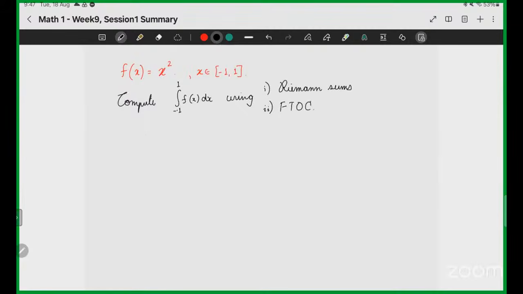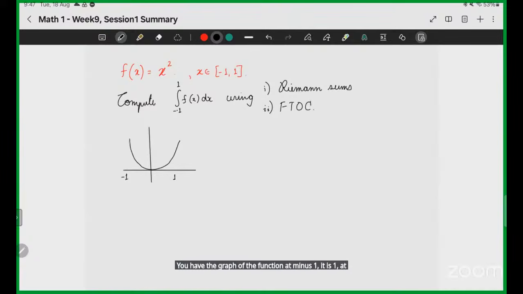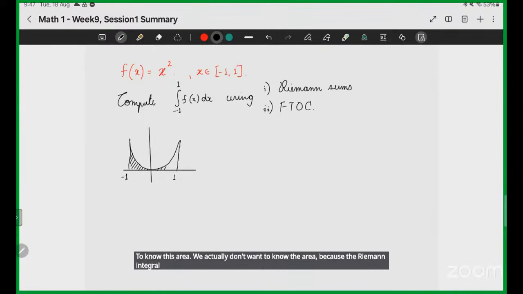Right, so let's go back to the diagram that we were using. You have the graph of the function; at minus 1 it is 1, at 1 it is 1. We want to know this area. We actually don't want to know the area, because the Riemann integral is not defined as the area. It's defined purely formulaically, which we can just compute now.